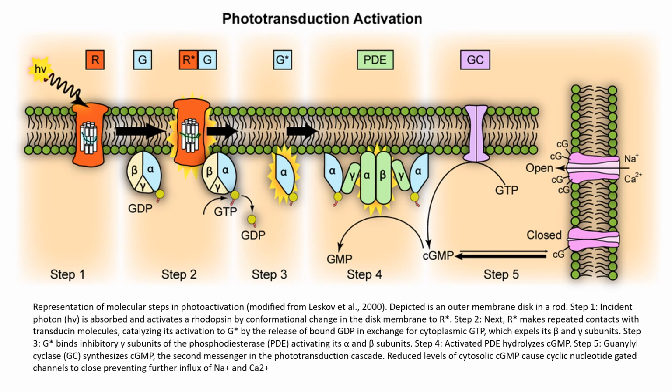Step 3, G asterisk binds inhibitory gamma subunits of the phosphodiesterase, PDE, activating its alpha and beta subunits. Step 4, activated PDE hydrolyzes cGMP. Step 5, guanylyl cyclase, GC, synthesizes cGMP, the second messenger in the phototransduction cascade. Reduced levels of cytosolic cGMP cause cyclic nucleotide-gated channels to close, preventing further influx of Na+ and Ca2+.